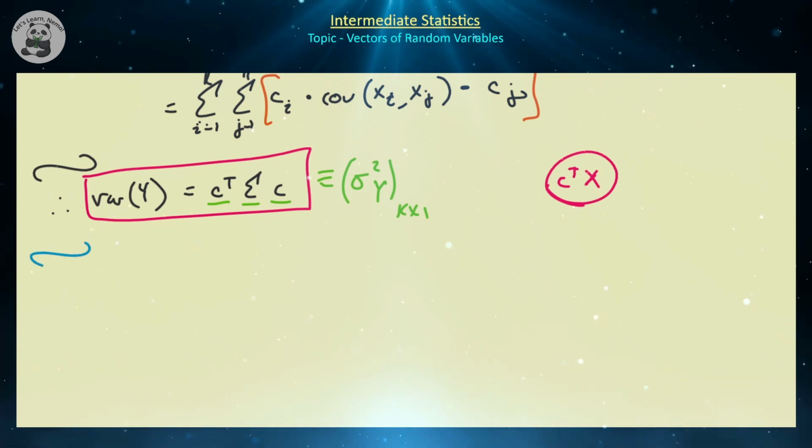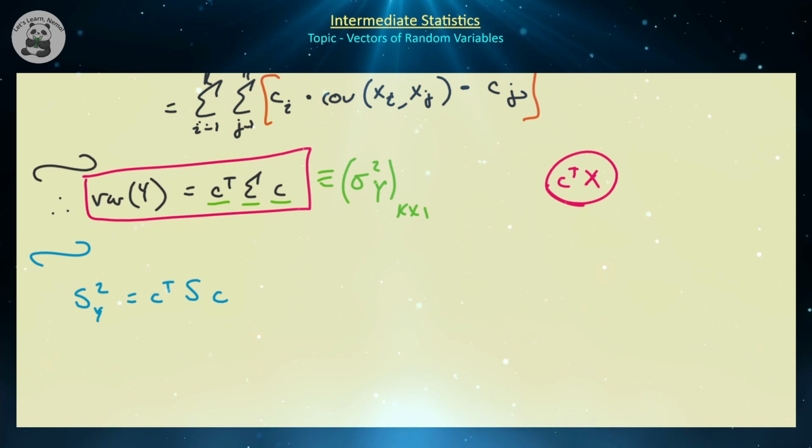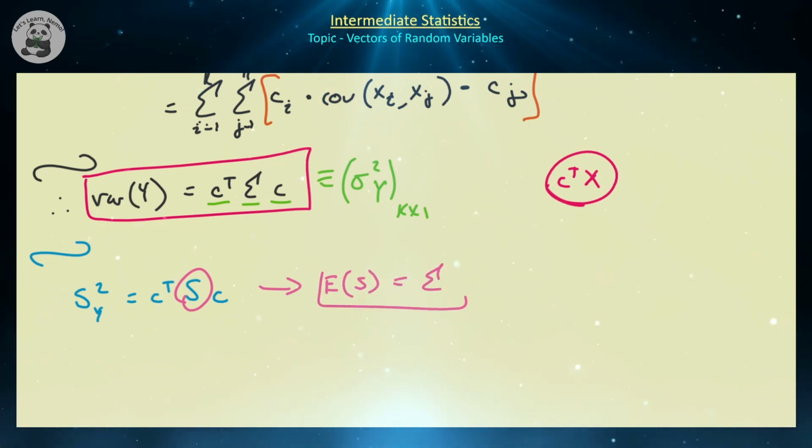So what are you going to approximate it with? You can approximate sigma y squared with, for example, sy squared. And sy squared is just going to be equal to C transpose S C, where S is the sample variance covariance matrix. And you should also be able to prove from this definition, where this S is the same S such that the expected value of S is equal to sigma, right?